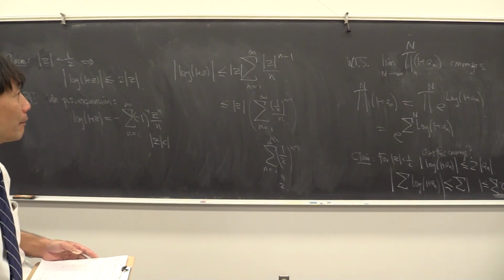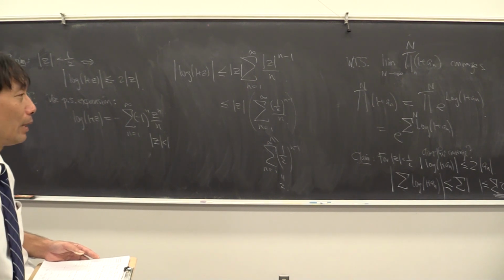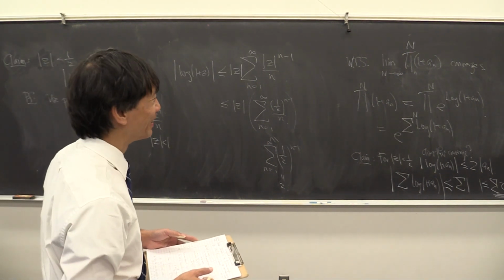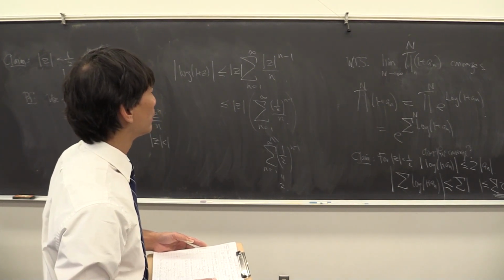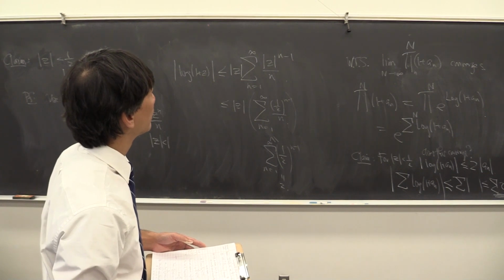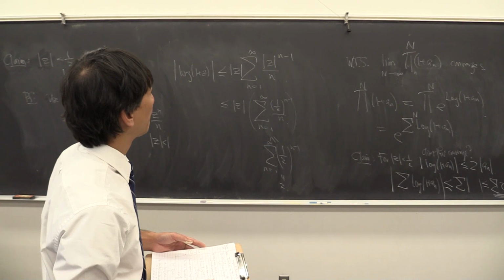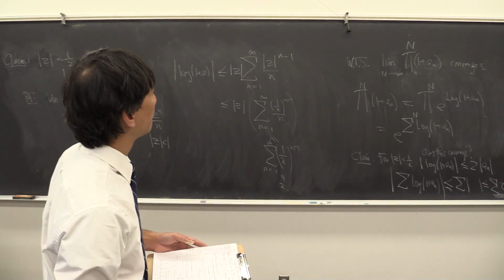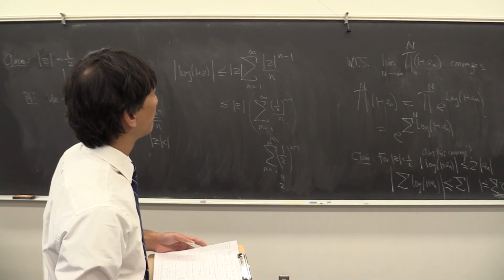And so all of these are controlled by absolute convergence of the sum. Can you say that one more time? Can you not just expand out that product, and then it follows by the way you have to expand it, and the fact that all of the a_n are less than 1, that all of these sums are going to be less than or equal to the partial sums of the series that we already know converges.